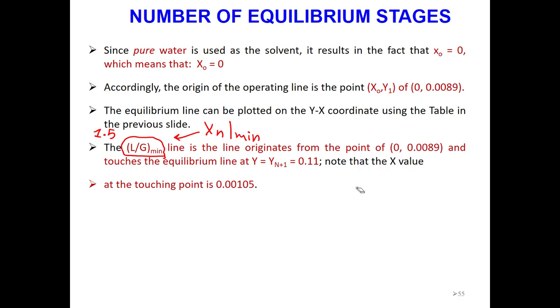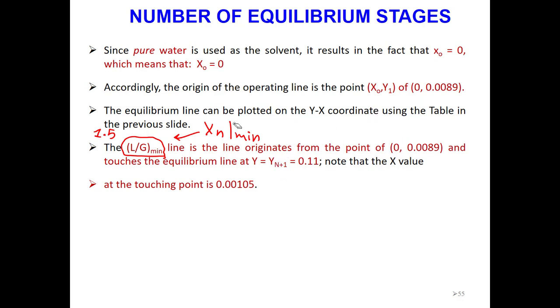So once we have the real operating line, the real condition, which is 1.5 times this one, then we can find our xn. So how do we do this? I prefer to show this on a graph in the next slide.